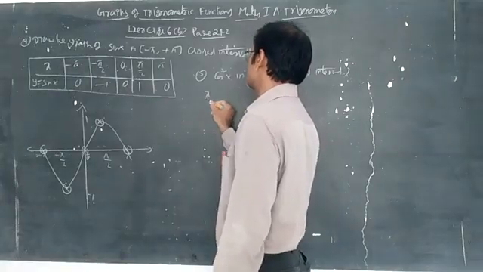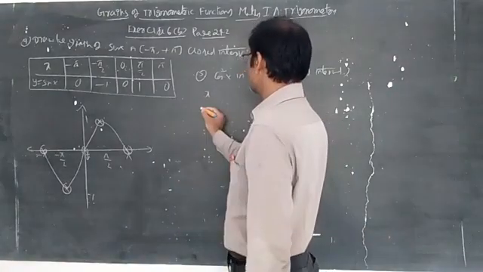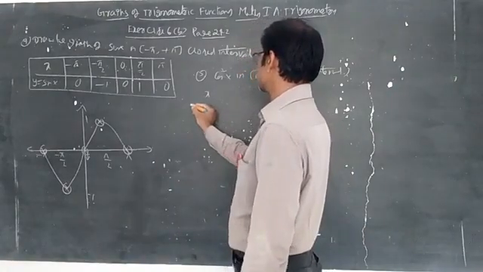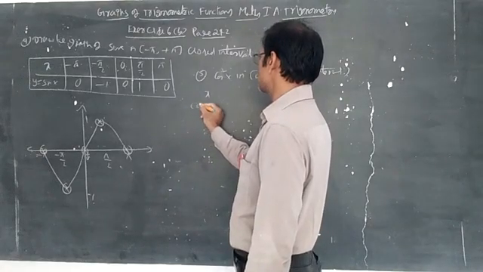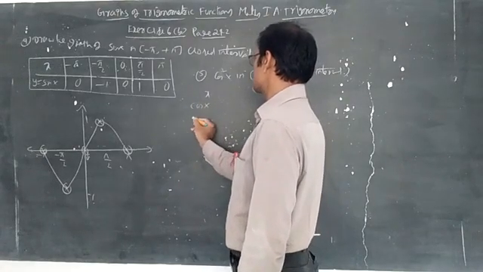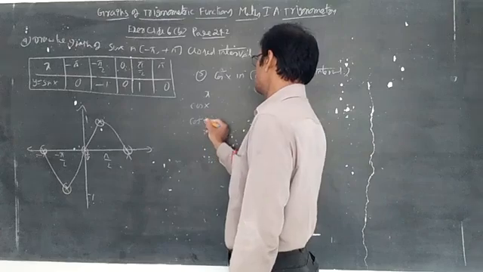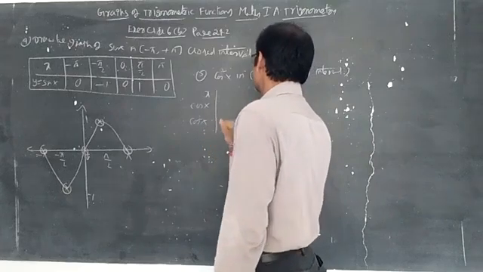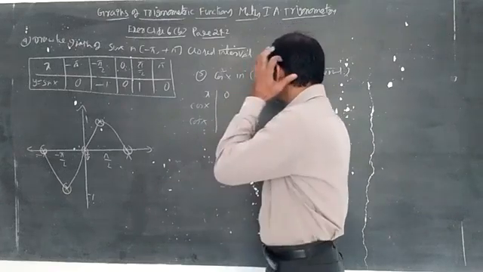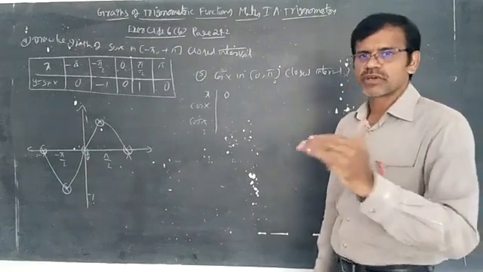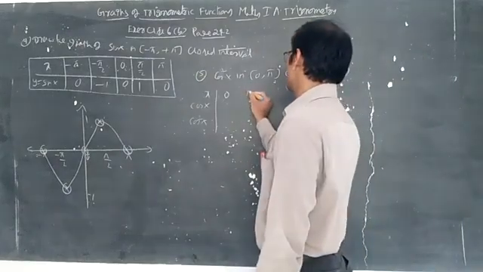Take x here. So we need to get cos square x. First write cos x, next write cos square x. So you can take 0, and take a 45 difference: 0, pi by 4.